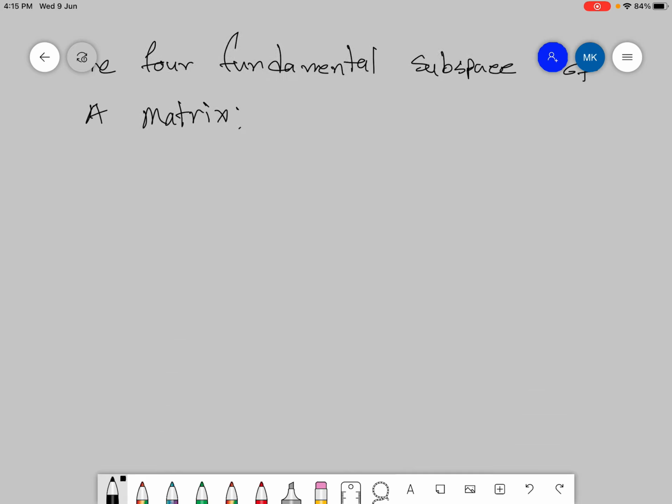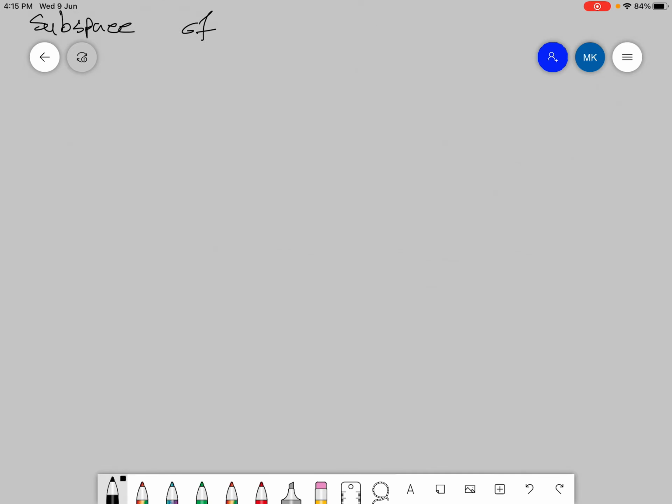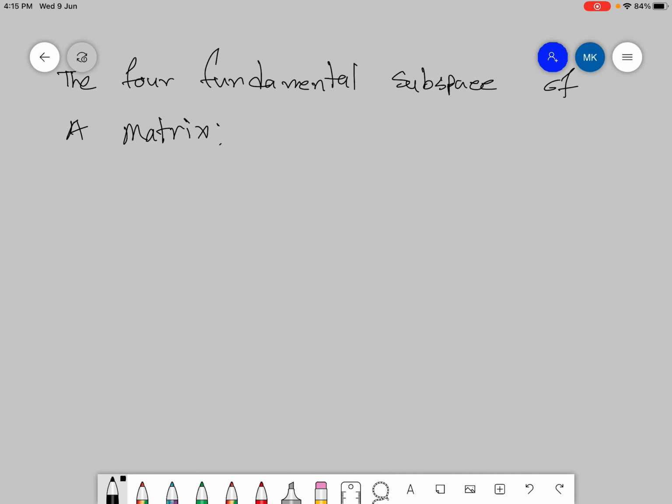You already know about 2 subspaces of a matrix. The first one is the column space. If you have any matrix, you would have a column space for that matrix. Then you will have a null space of that matrix.